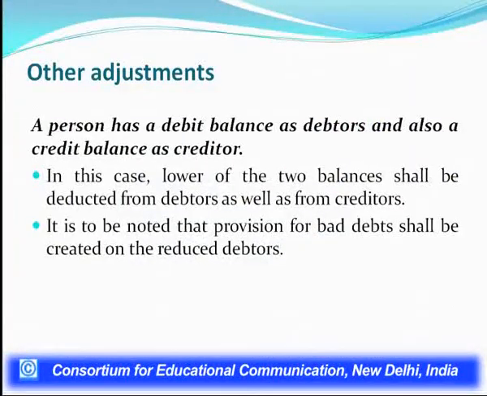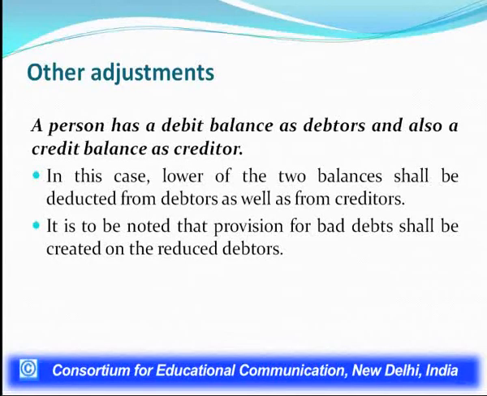But when we settle the accounts, he will be either a net debtor or a net creditor. So how do we rectify that? The lower of the two balances shall be deducted from debtors as well as from creditors.